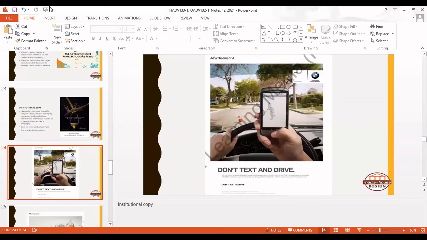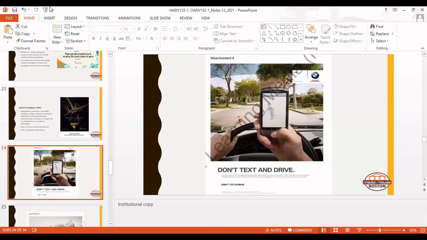Let me try. Okay, for example, think of an institutional copy. For example, alcohol companies or alcohol organizations, they may run advertisements warning consumers or customers, or those who consume alcohol, about the dangers of drinking and driving.